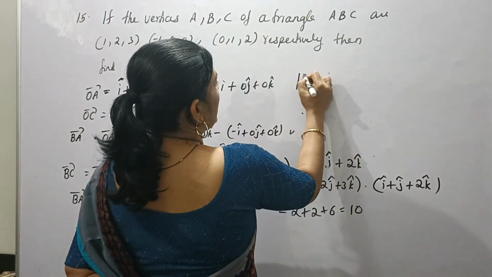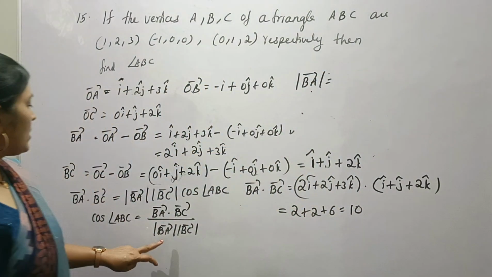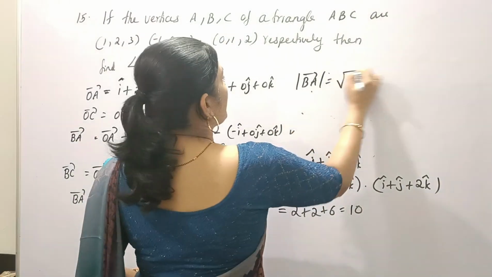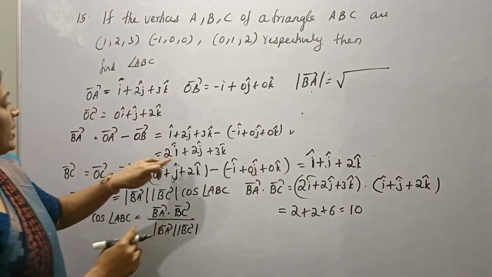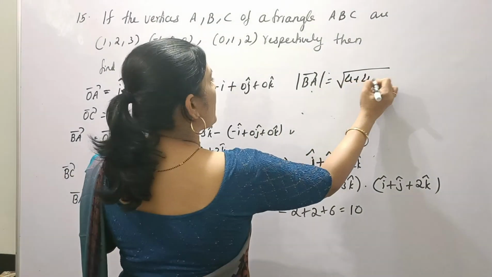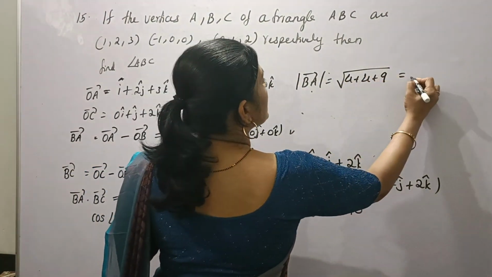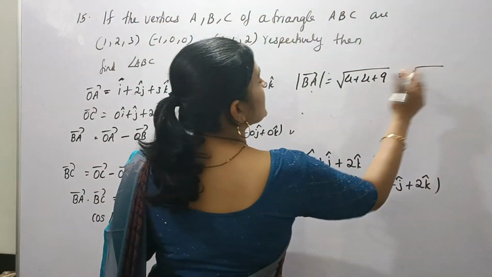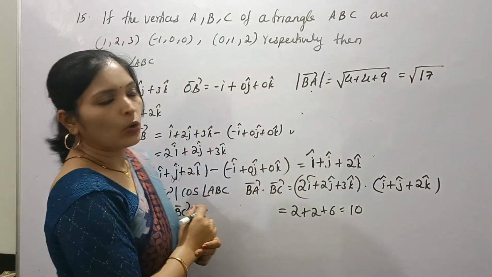Modulus of vector BA is equal to square root of 4 plus 4 plus 9, that is square root of 17. Okay.